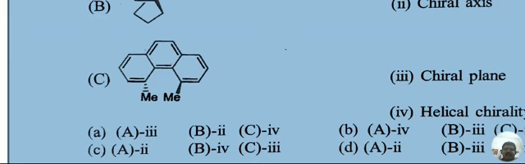So A will be associated with 2. And B, it is clearly seen here, there is a plane. So B will be chiral plane. So A2, B3. And which is the option given here? It's option D, which contains A2 and B3. And C will be 4, helical chirality. So option D is the right answer.